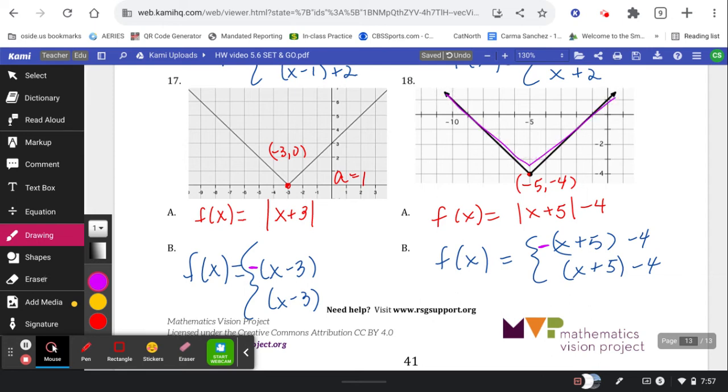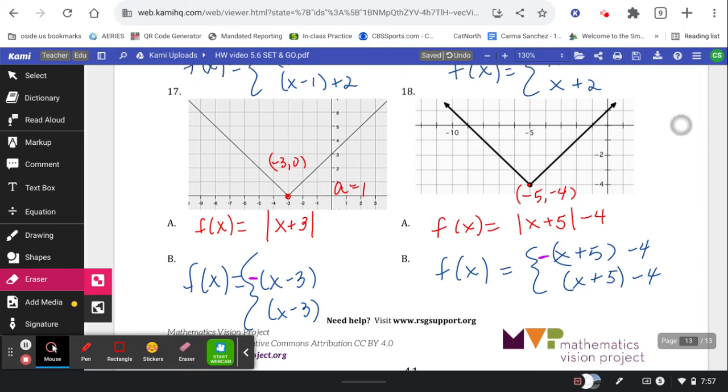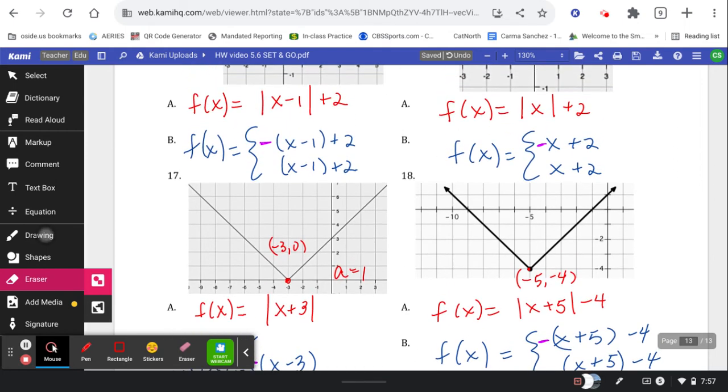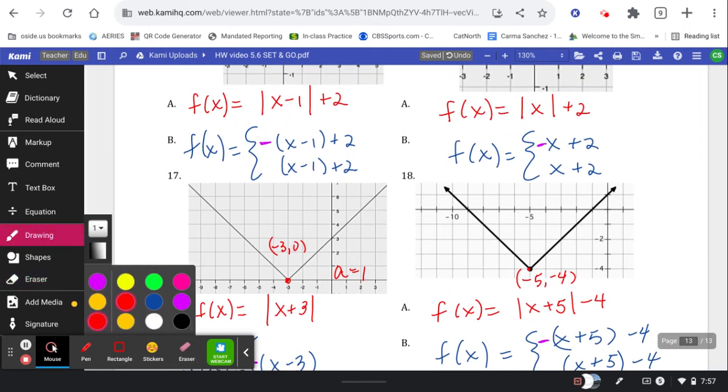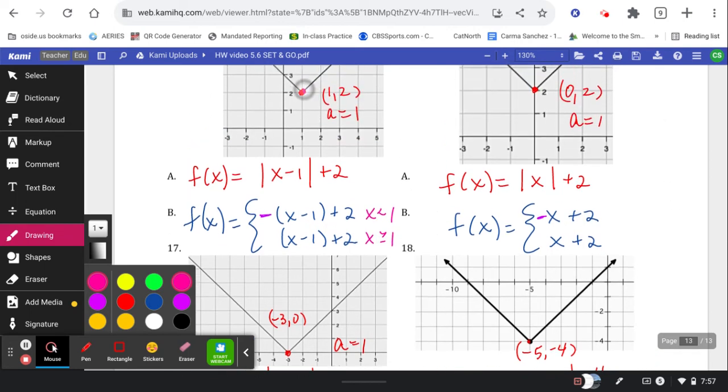Now all that's missing that we just add in at the end is the domain, and everything centers around that x value in the middle. So here we're going to say x value is less than positive 1 and x value is greater than or equal to 1. That's because 1 is your x value. Here it's x values less than 0, x values greater than or equal to 0.